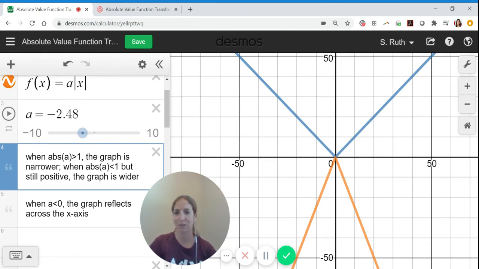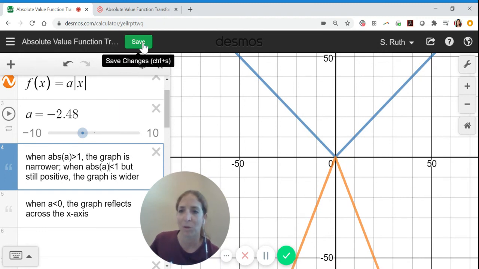And again, this transformation doesn't just apply to absolute value functions, it applies to polynomials. We saw the quadratic example, so really useful information. Hopefully that's pretty neat to you. And we'll look at solving absolute value functions now.